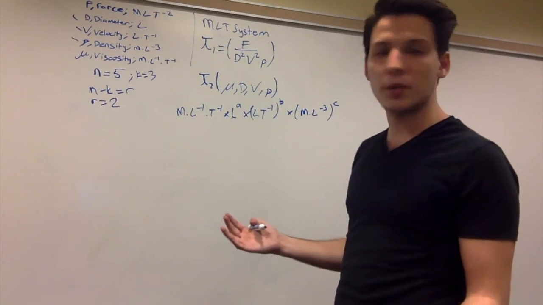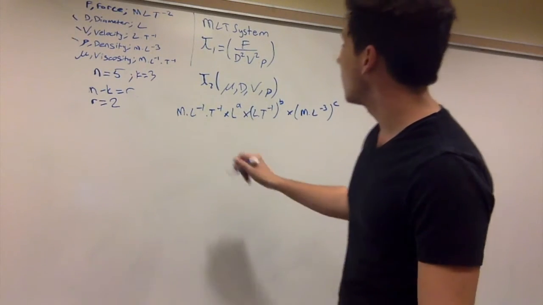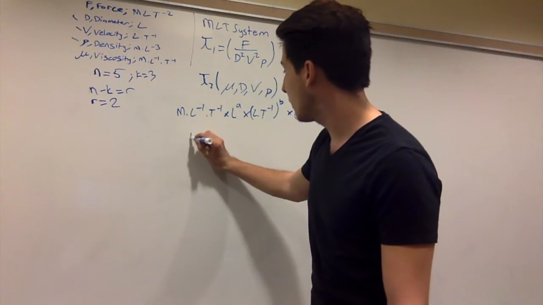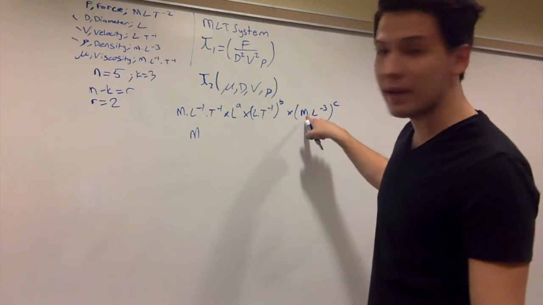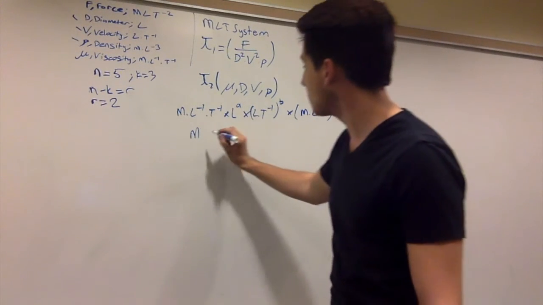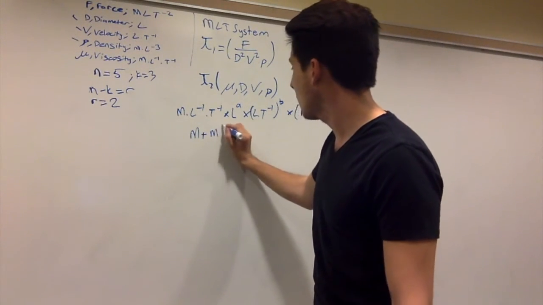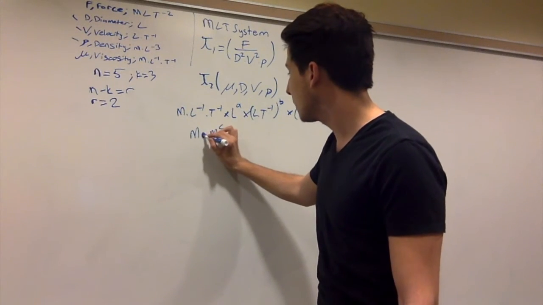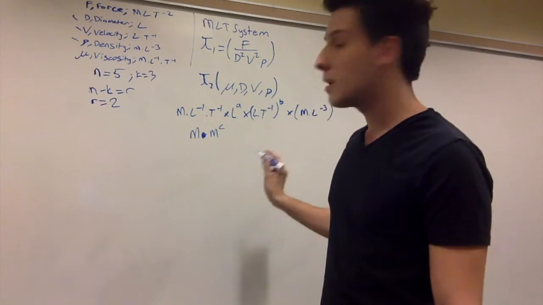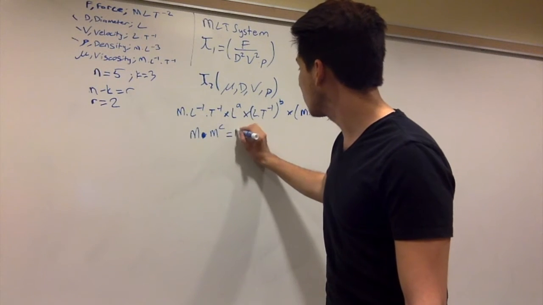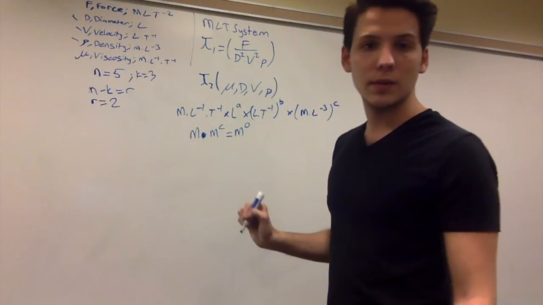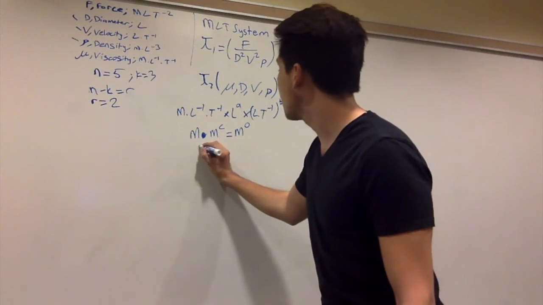So let's find it. Let's start with the M terms again. We have only one M here, and we have M to the power of c. This is multiplication, so this has to be equal to M to the power of 0. So c should be -1.